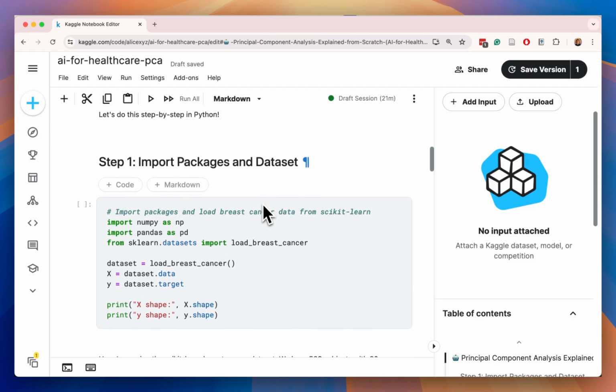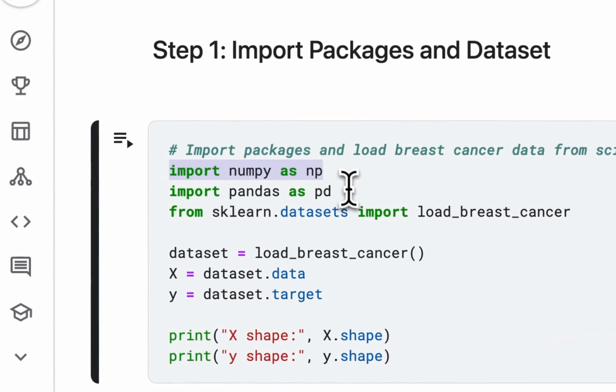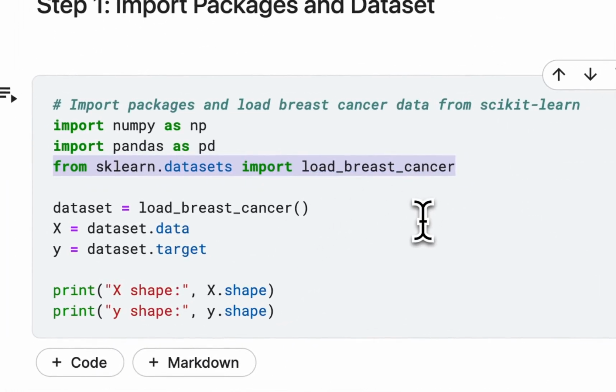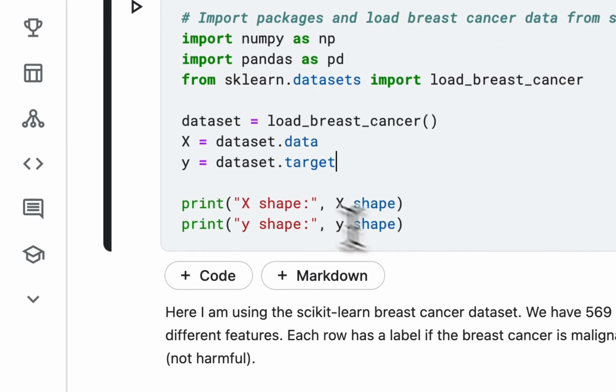Let's go into Python. The first thing we'll have to do is import packages and our dataset. So I'll use NumPy, Pandas, and also sklearn to load the breast cancer dataset. We load a dataset using dataset equals load_breast_cancer and get the X from the data and Y from the target.